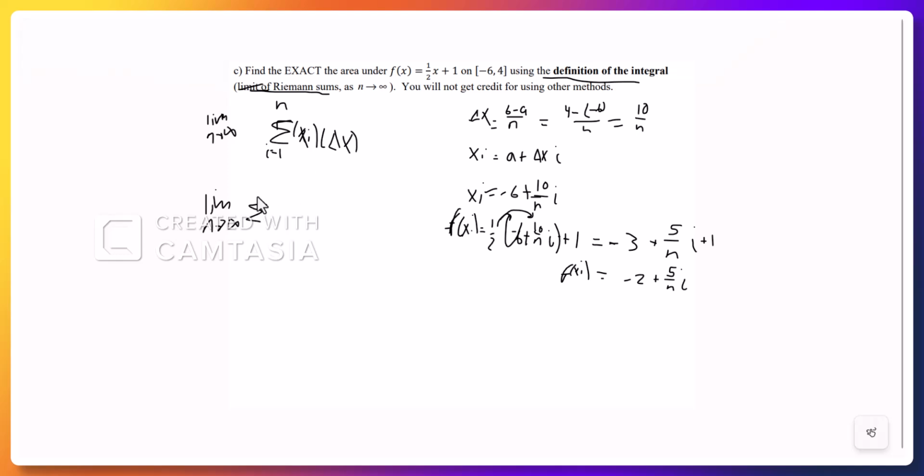So we're going to do the sum from i equals 1 to n of -2 plus 5 over n times i times the change in x. And we're actually going to move the change in x to the left side.